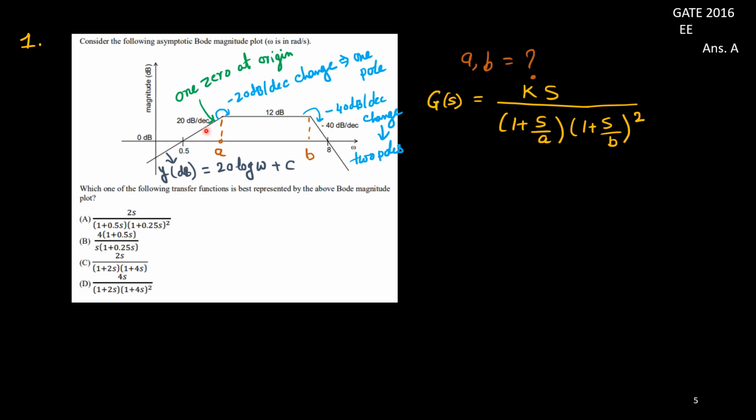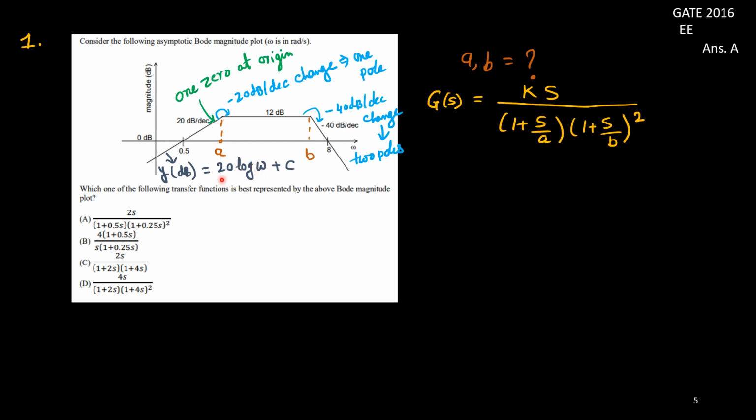Now consider this one, this straight line. The slope is given as 20 dB per decade. So I assume that this function is y equals mx plus c in this form. Here the x-axis is log of omega, because this omega is written here, but actually it is a log scale. So it is log of omega, log base 10.